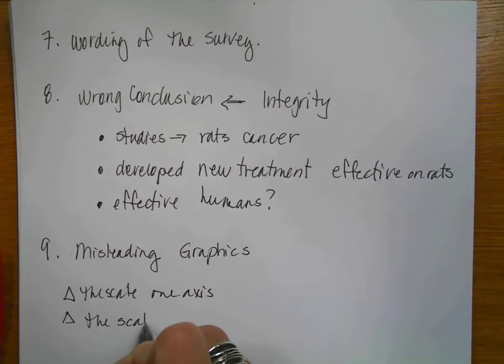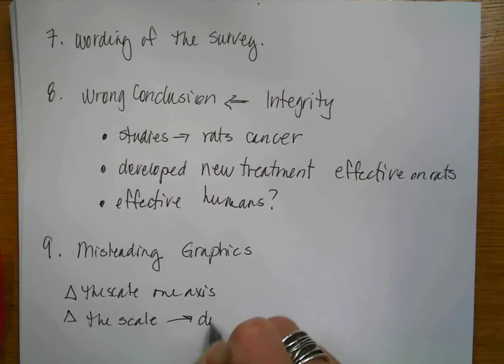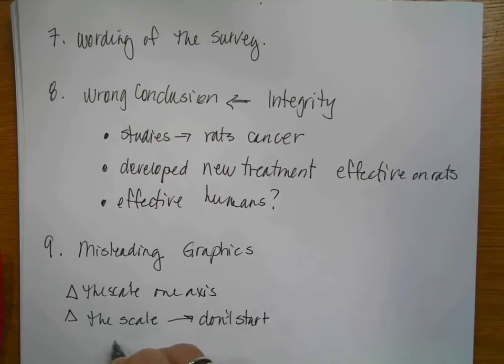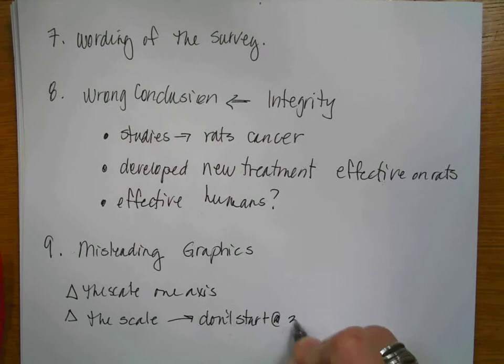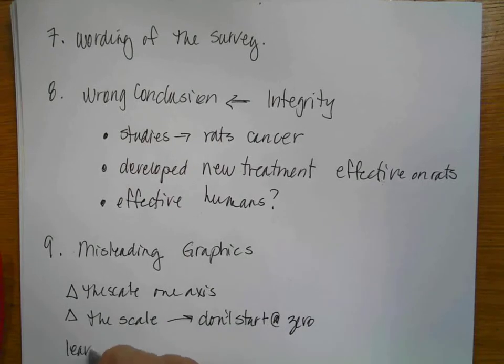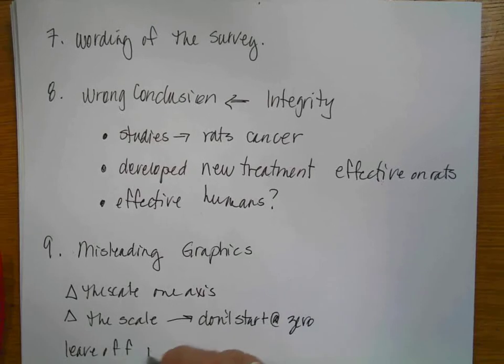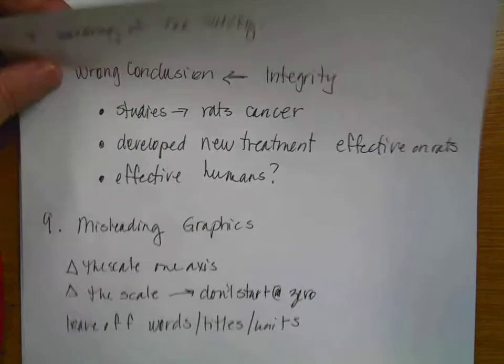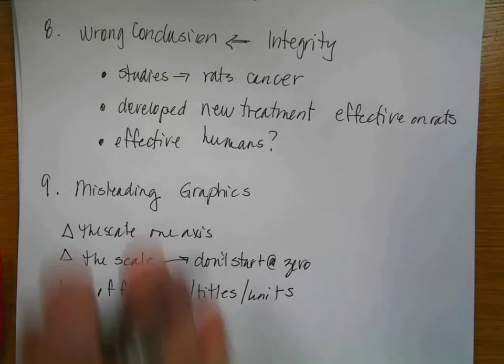Maybe we change the scale and don't start at 0. Now we're going to talk more about this in the next section, but I'm just going to give you some examples. Maybe we leave off words or titles or units, and you'll see what I'm talking about when I bring up the examples.